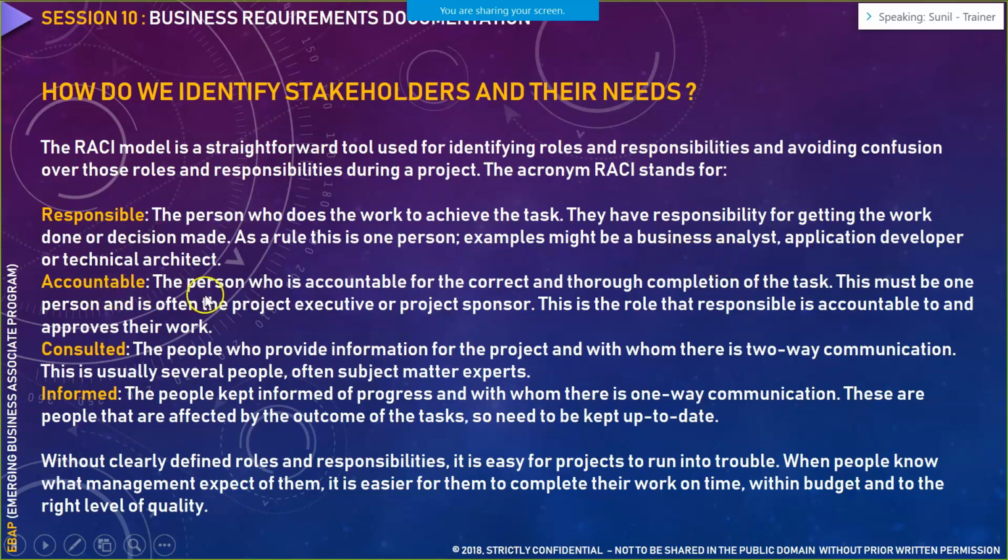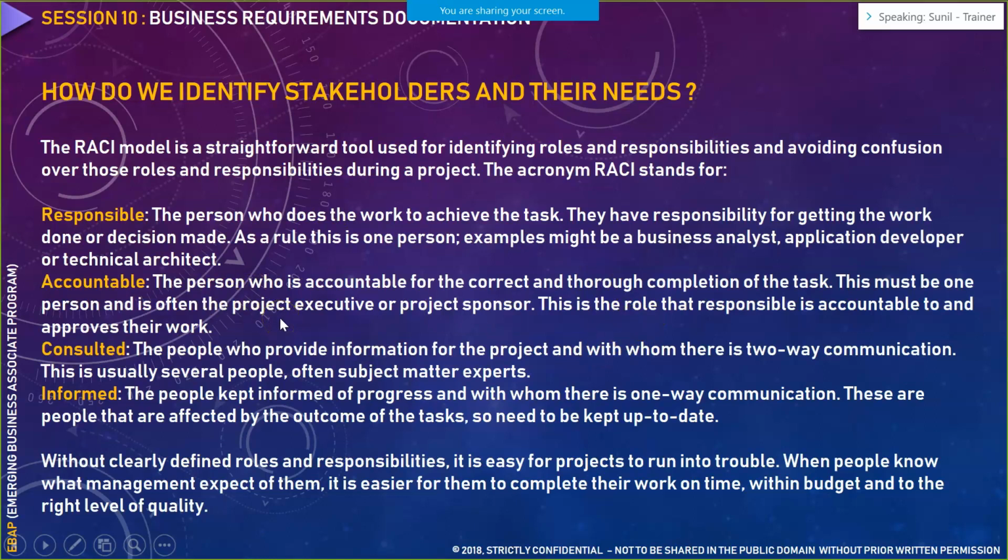Now, what is accountable? This is the person who is accountable for the correct and thorough completion of the task. This must be one person, often the project executive or the project sponsor. This is the role that the responsible person is accountable to, and who approves their work.